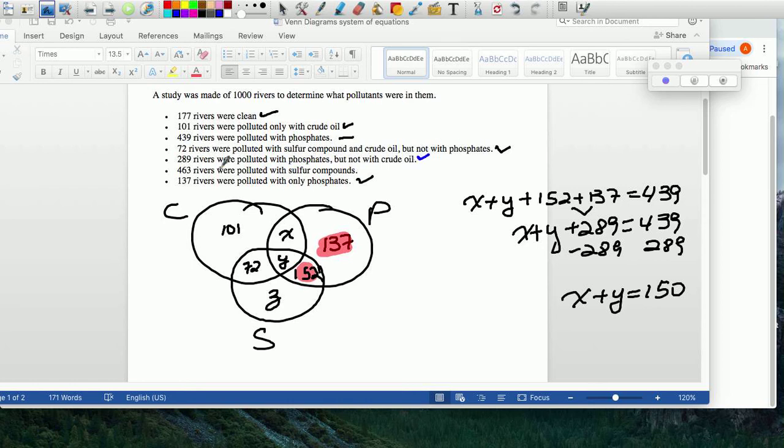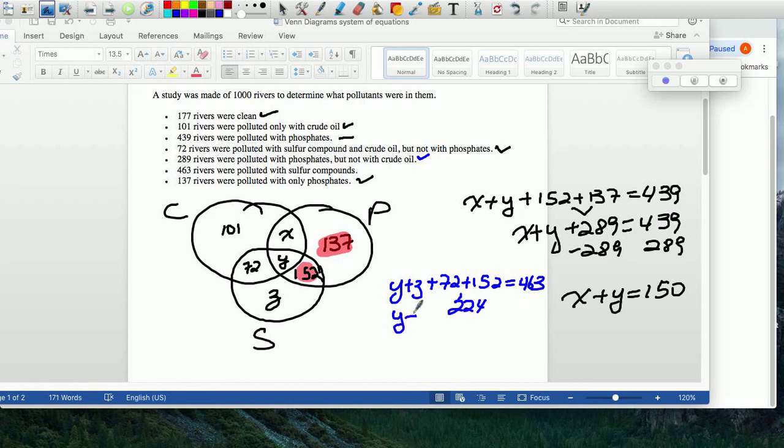463 rivers were polluted with sulfur compounds. So that would be the 72, the Y, the 152, and the Z. So I'm going to write here, Y plus Z plus 72 plus 152. That's going to give me 463. I'm going to add these two. Okay, so 72 plus 152 equals 224.